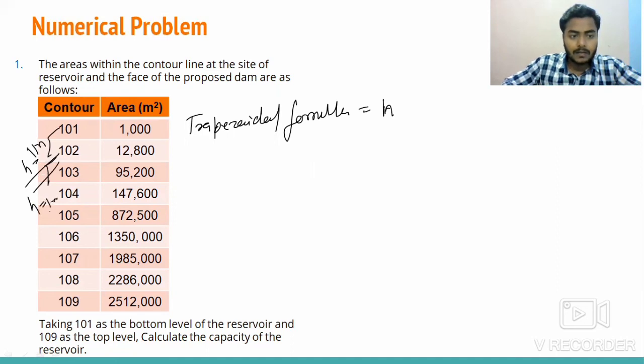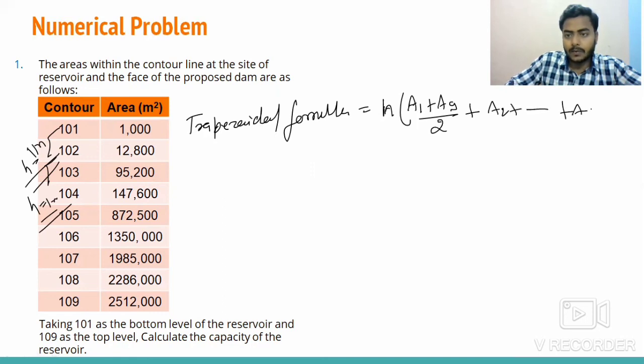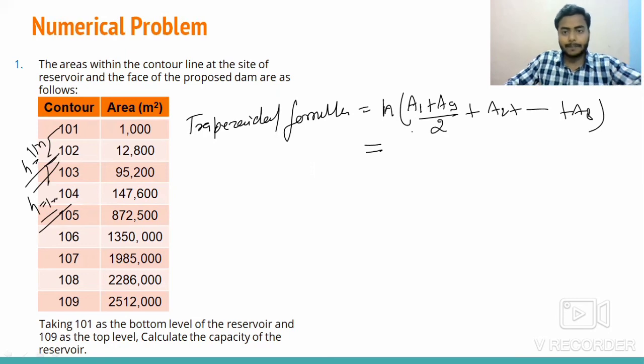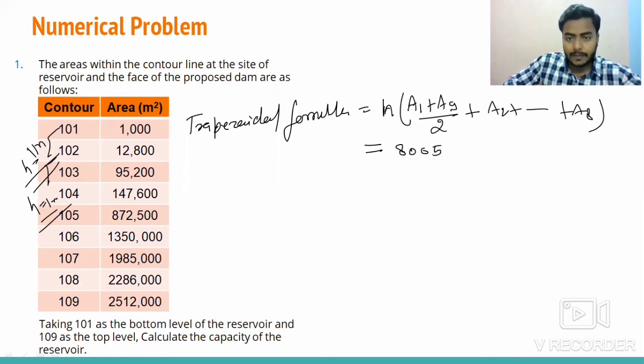V equals H into A1 plus A9 over 2, plus A2 to A8. Putting in the values A1 to A9 and H as 1 meter, you will get the value 8005600.